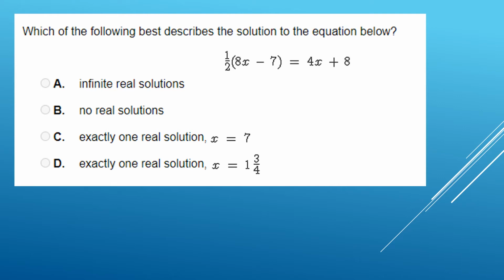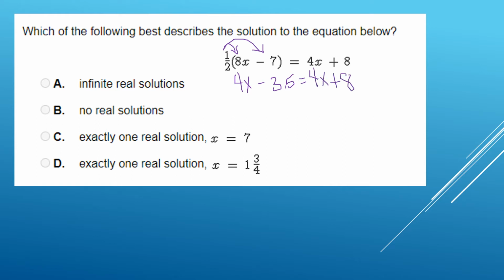Which of the following best describes the solution to the equation below? So what I need to do is solve it. The first thing I'm going to do is multiply the 1/2 times all of the things in the parentheses. So 1/2 times 8x, 1/2 times 8 is 4. The x just hangs around. 1/2 times negative 7 is negative 3.5. Okay.